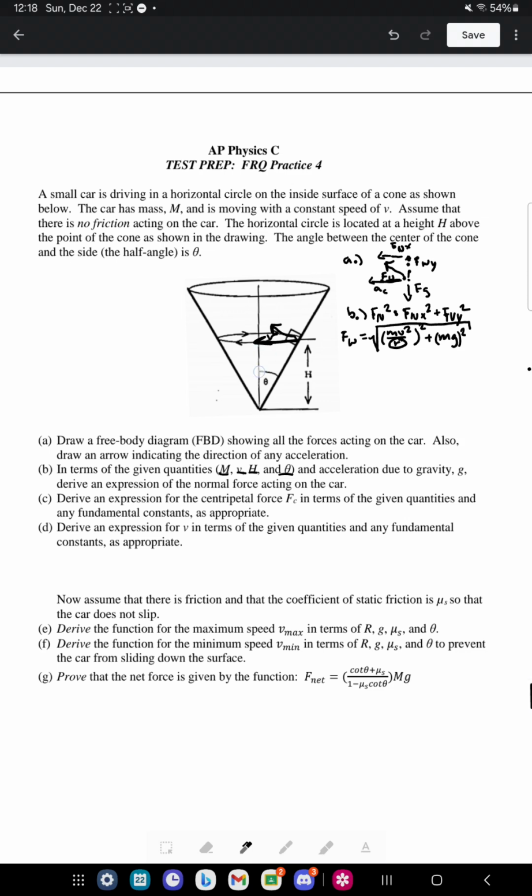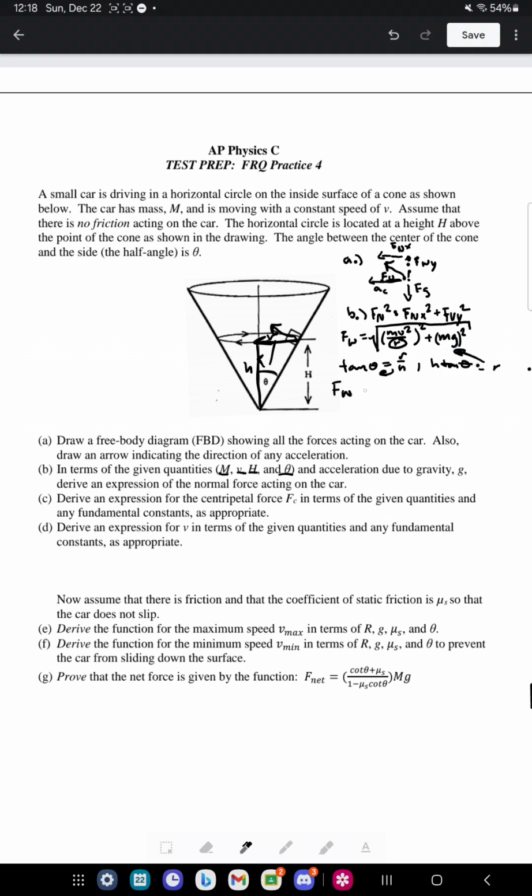We know that tangent is opposite over adjacent, so tan theta equals r over h, and we multiply h over to get h tan theta equals r, and so we can substitute that back into our equation.